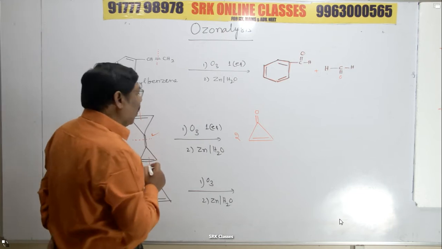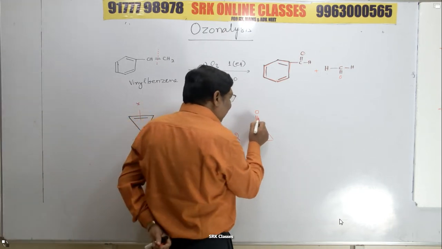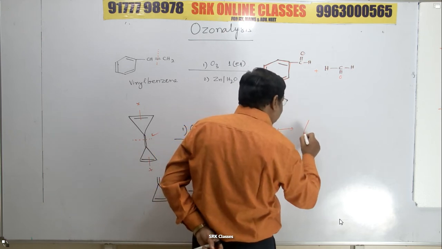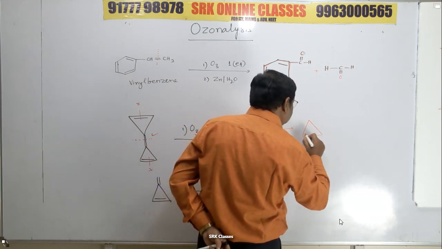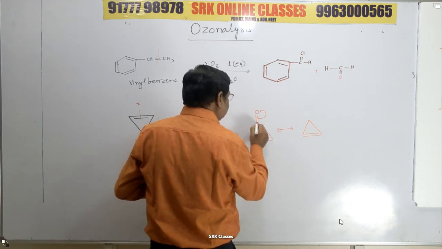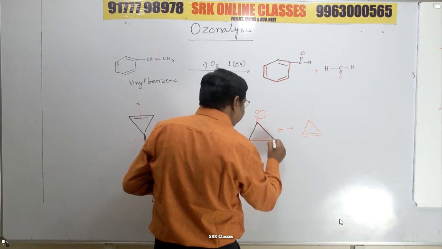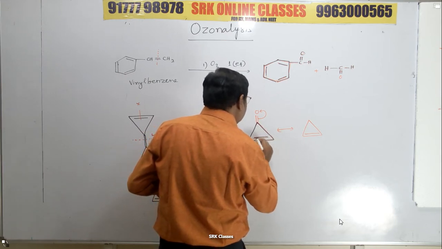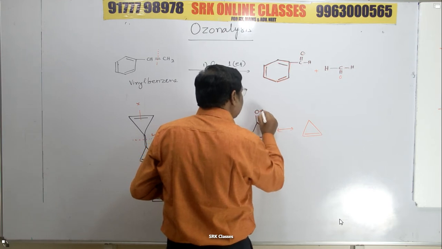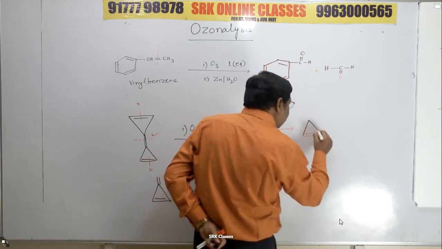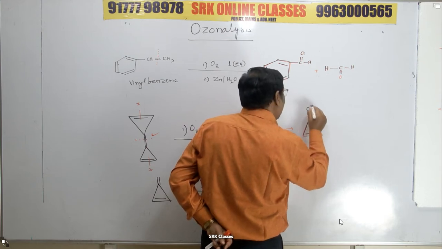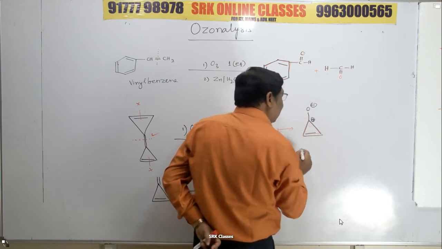Why is this compound formed? Because these 2 electrons are shifted here, and that forms a resonance structure like this, with O minus and a positive charge.